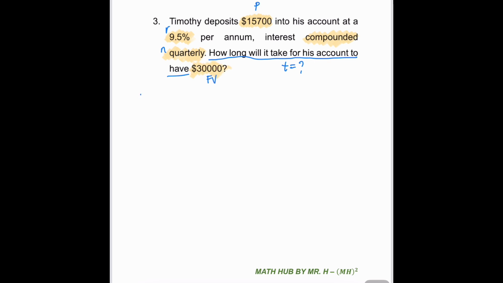So the formula is future value equals the principal amount times 1 plus r divided by n to the power of n times t.